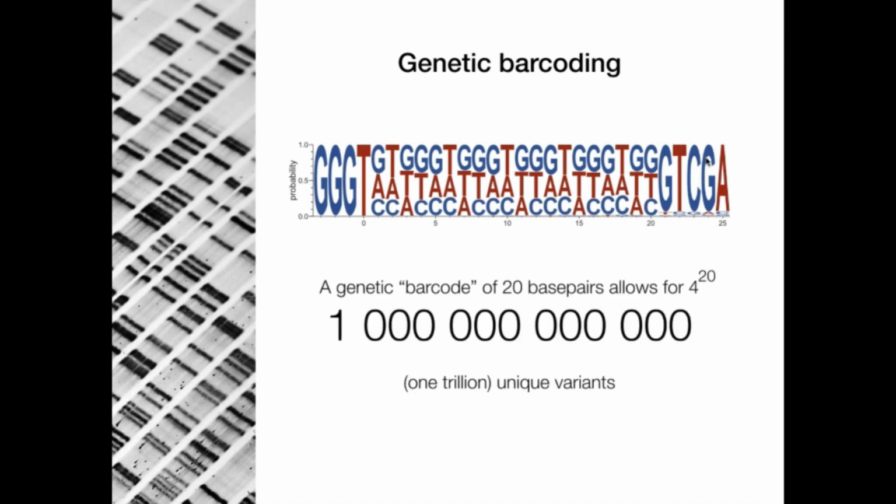But if you use any random barcode using 4 nucleotides on each position, the variant number grows rapidly, and 20 base pairs will give you 1 trillion unique variants, and that's a number that should be high enough to label any type of cell or cellular process.